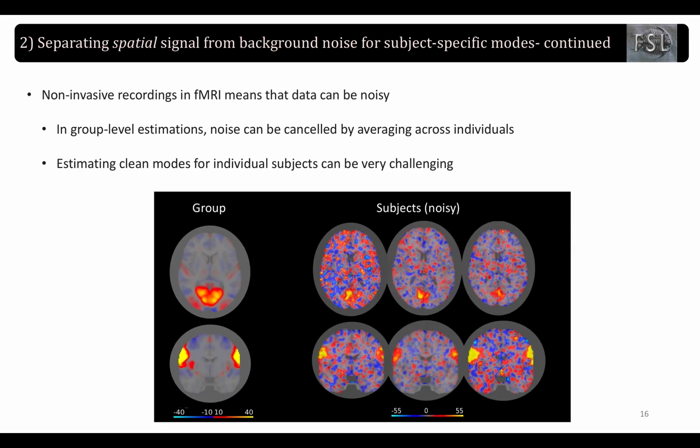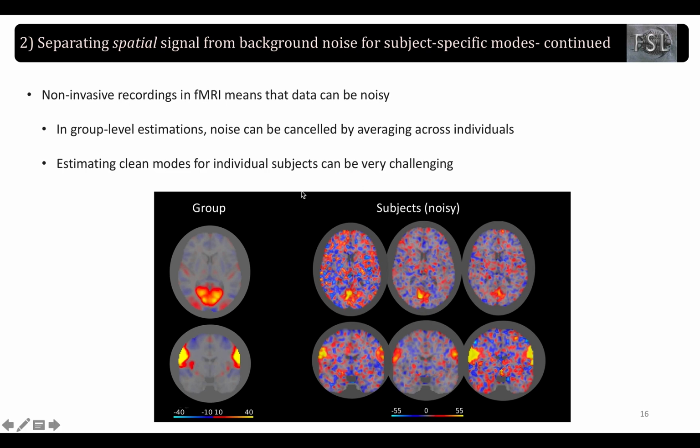Another key aspect of the model is that it tries to estimate clean functional modes for every individual subject. In fMRI data, because we have non-invasive recordings of the brain function, the data that we obtain for a single subject can be noisy. So our estimation of the functional modes for individual subjects can also be noisy.